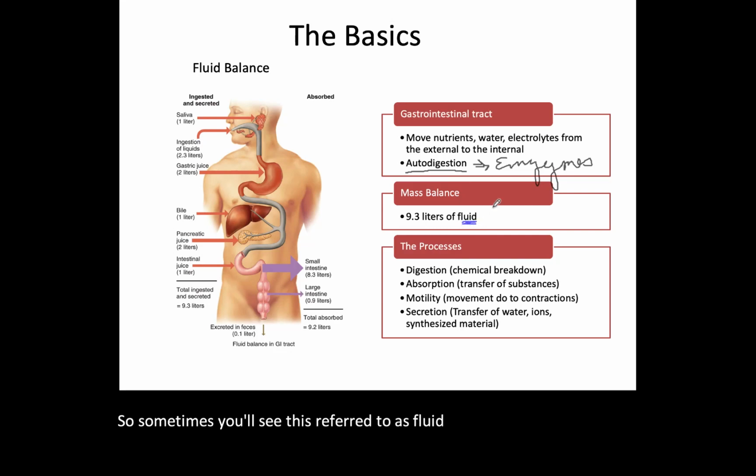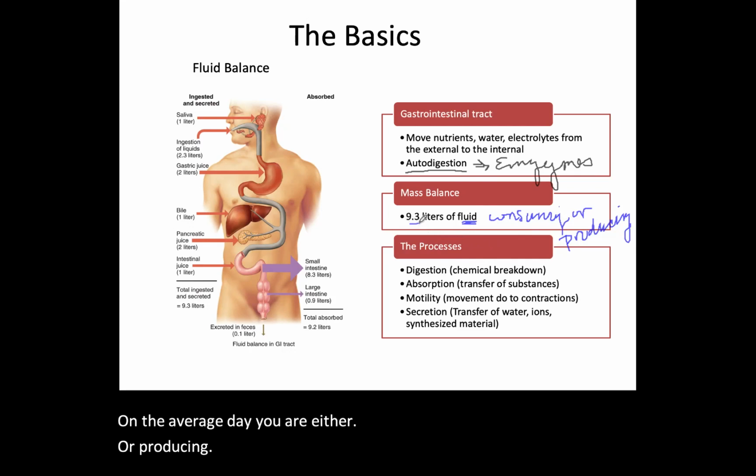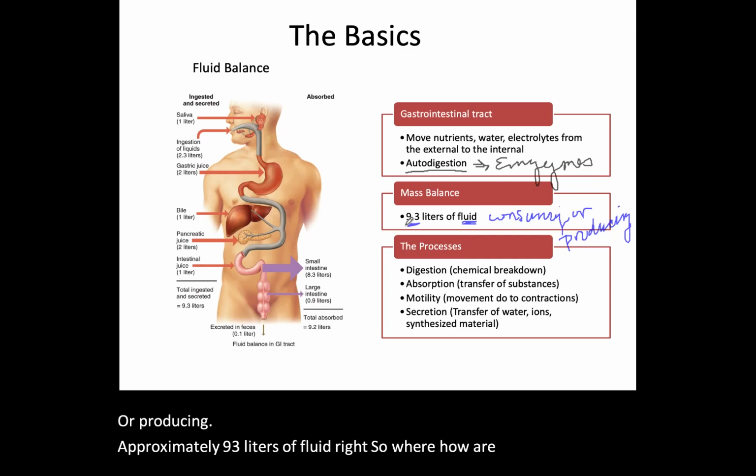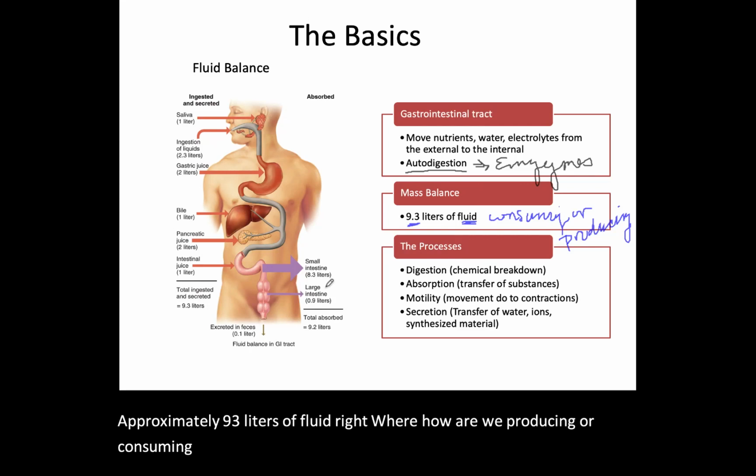And on the average day, you are either consuming or producing approximately 9.3 liters of fluid. Right? So how are we producing or consuming 9.3 liters of fluid a day?